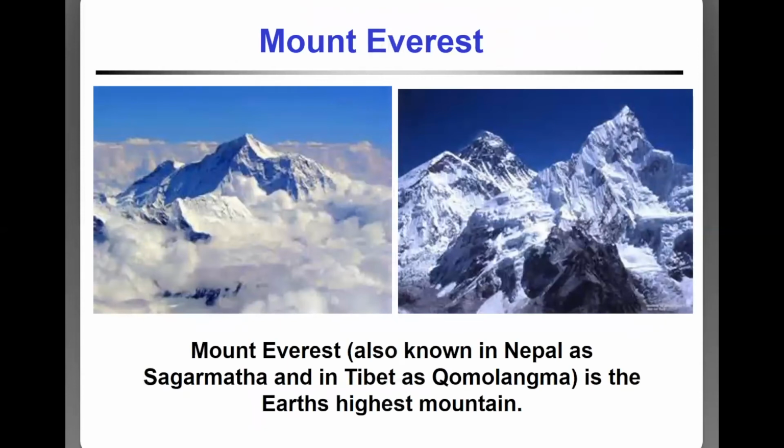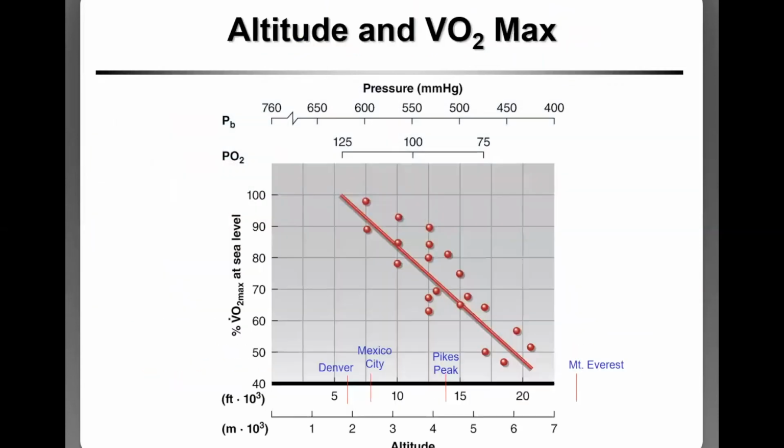So Mount Everest, also known as Sagarmatha in Nepal and Chomolungma in Tibet, is the Earth's highest mountain. So if we were to measure your VO2 max on Mount Everest, which falls off this chart, it would be probably about 30 to 40% of your actual VO2 max if it was measured at sea level.